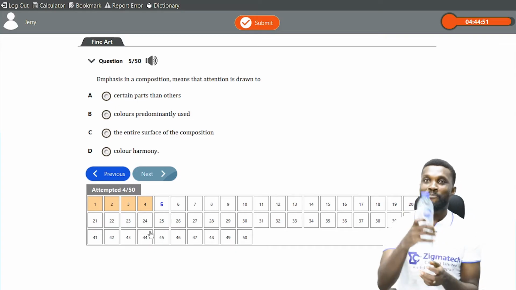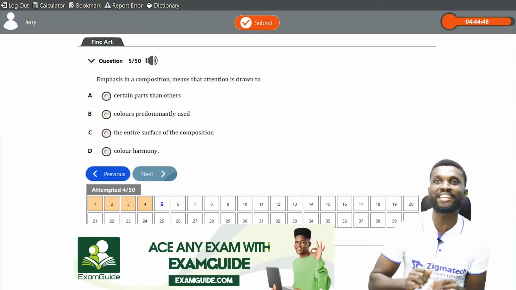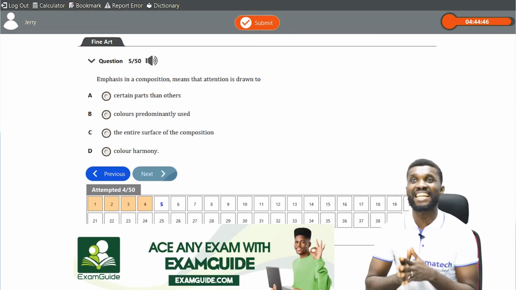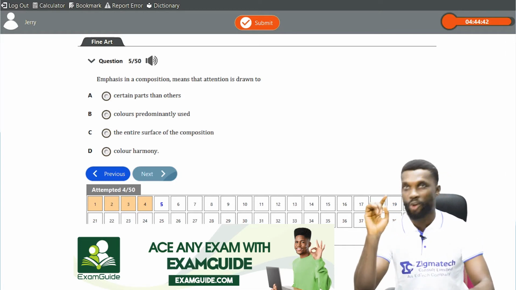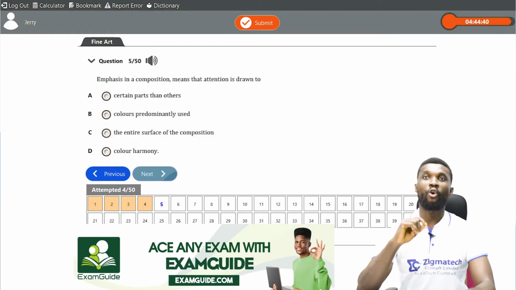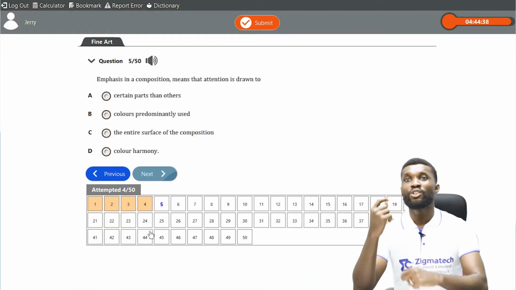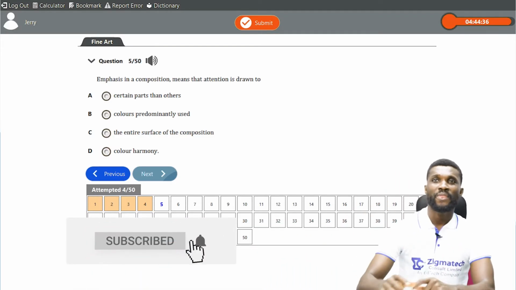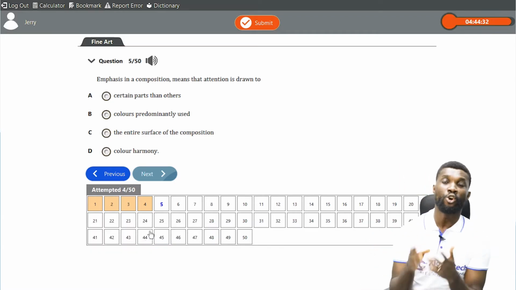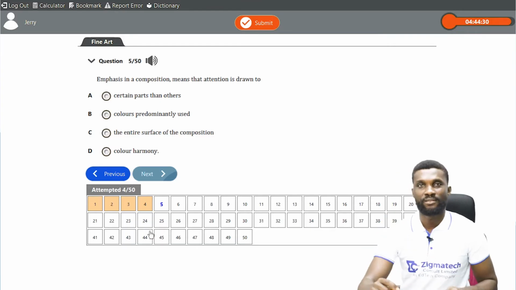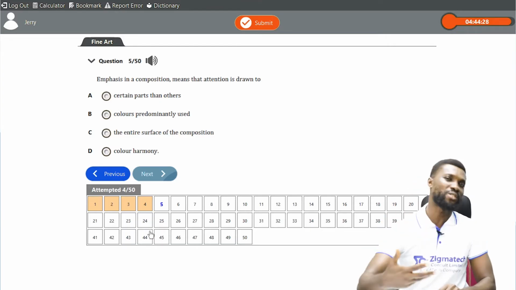So now, based on the question, emphasis in a composition means that attention is drawn to A, certain parts more than others. B, color predominantly used. C, the entire surface of the composition. And D, color harmony. So what do you think emphasis explains?